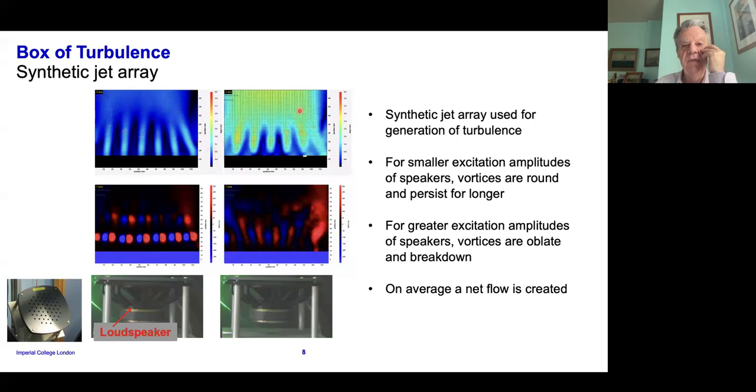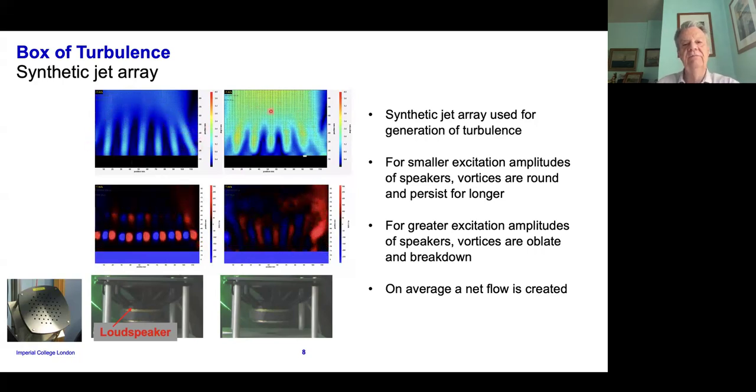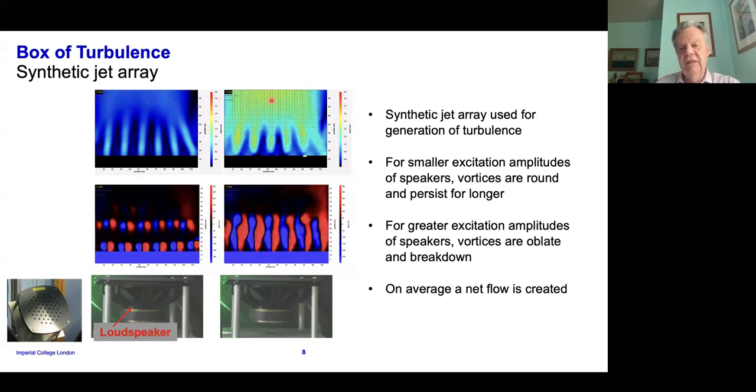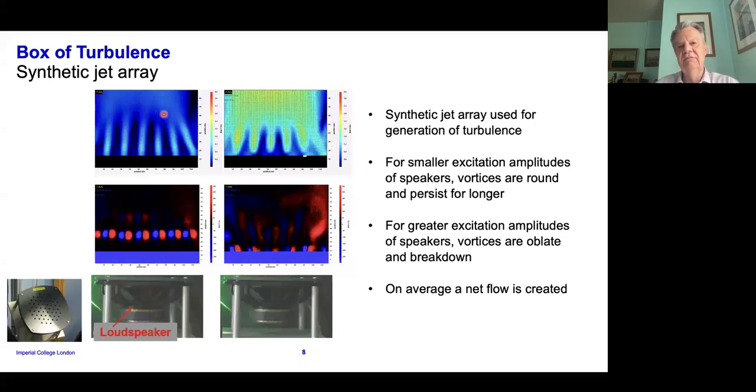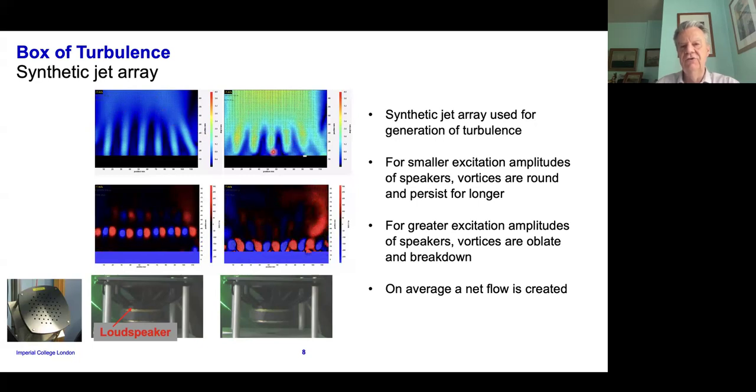And even if you measure the flow field with PIV, you see that initially very close to the plates you have these individual jets, but quite soon they lose their origin, and you get a flow which is more or less uniform. And effectively, because of the oscillation that you impose, you do have remaining velocity fluctuations.